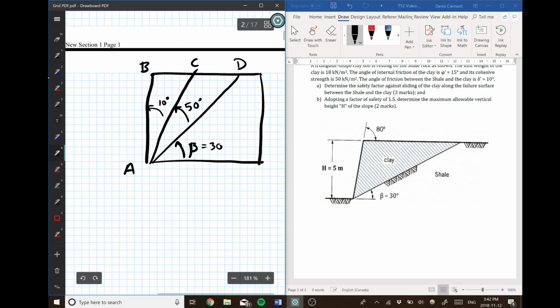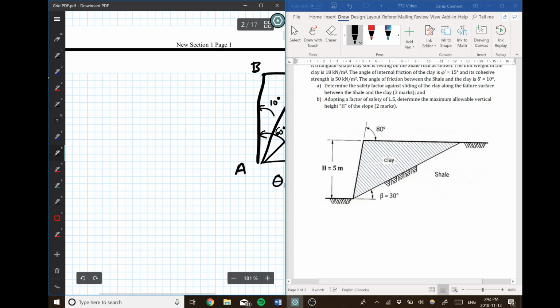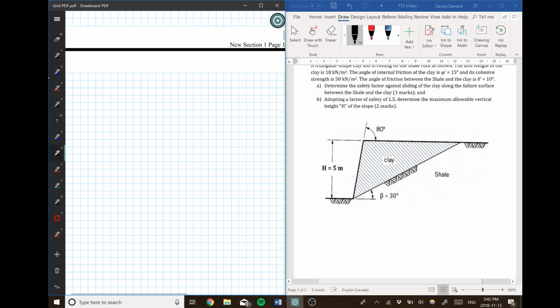And then for the purpose of what I'll be going into, we know that this whole angle here is 60 degrees, so our theta 1 is 60 degrees, and our theta 2 is 10 degrees. So in your notes, you'll be able to find the slope stability.